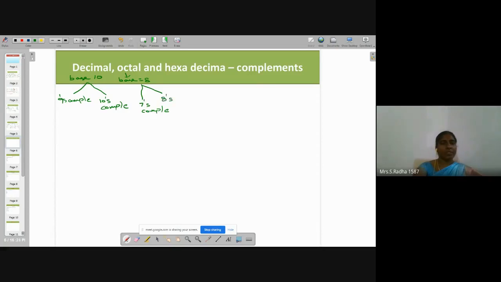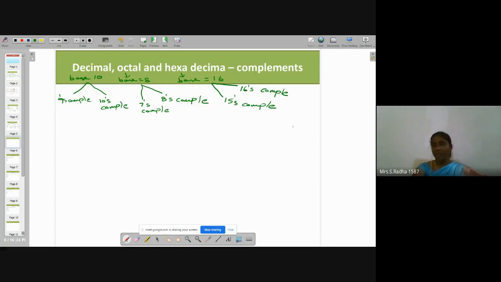Hexadecimal means base is 16, and therefore for the hexadecimal number system we can calculate 15's complement and 16's complement. Presently in our theory, we study only 1's complement and 2's complement. There are other complements present.